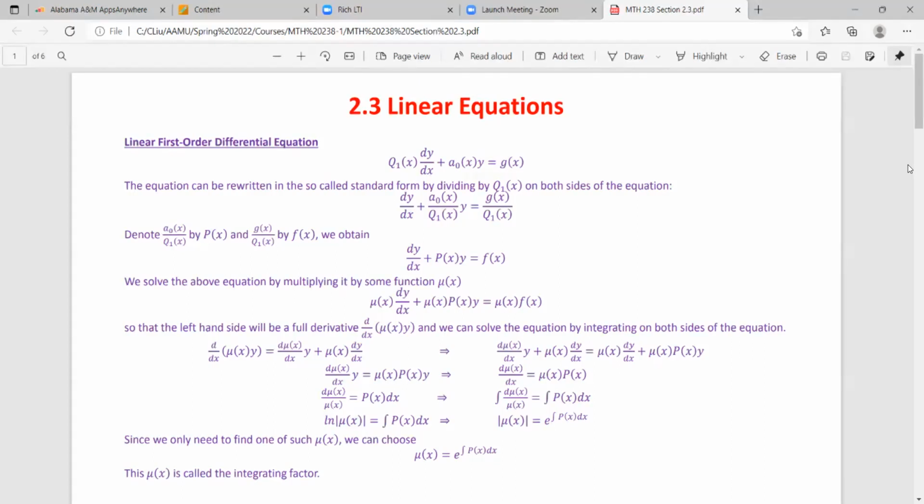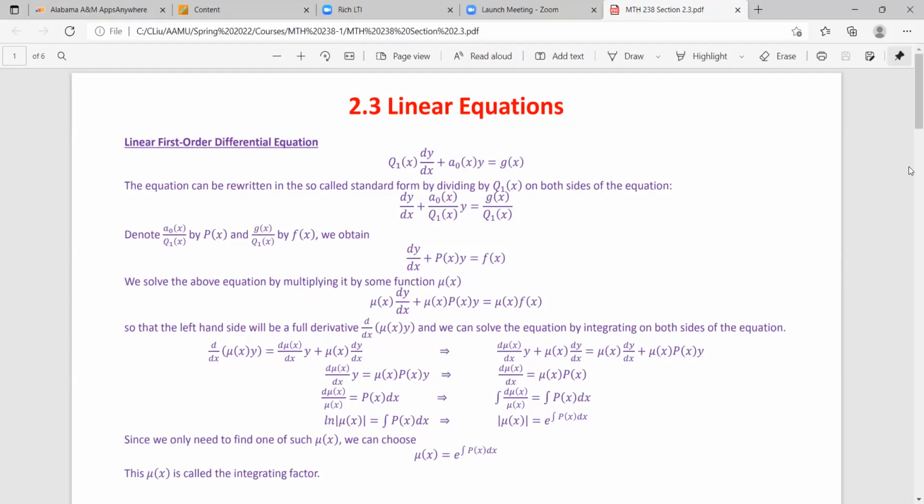We call it mu of x, on both sides. If you look at the left-hand side of the differential equation, we have two terms: dy over dx, that's the derivative of y, plus a function p times y.